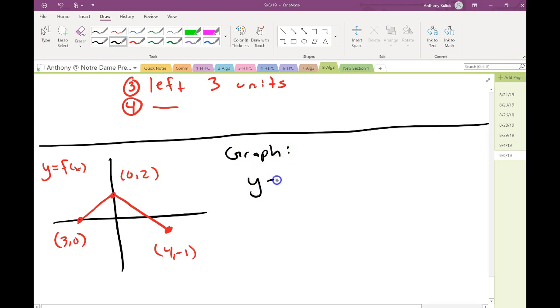And we're asked to graph y equals 2 times f of x plus 1 minus 1. Actually, let's just do that.